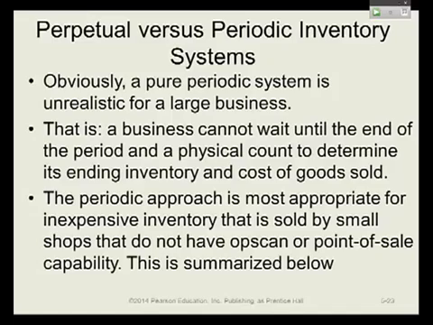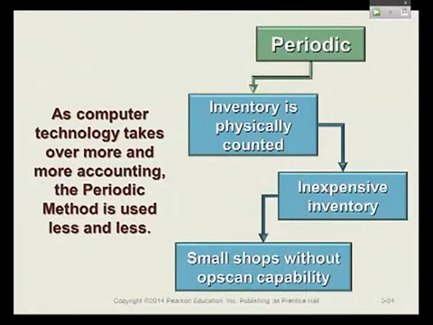So in summary, you really need to have a relatively small business in order to use the system, or inexpensive inventory. We could use it for larger companies too, for testing, for analytical purposes as well.